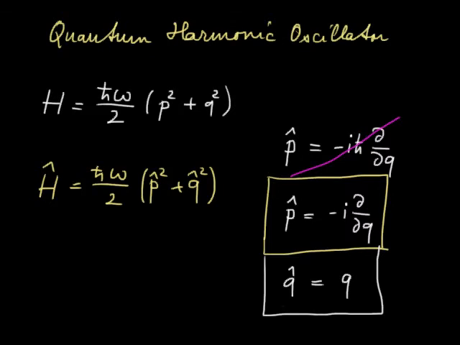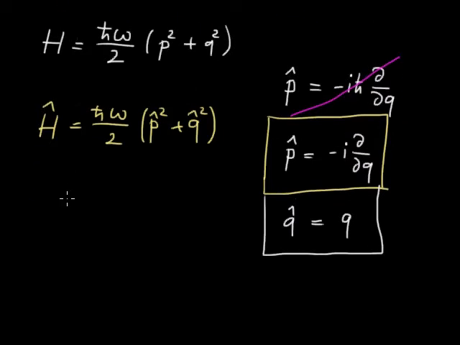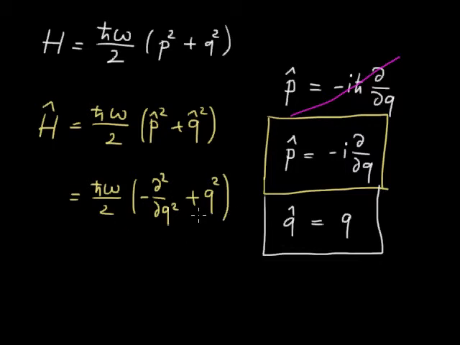So we can actually say that this is now h bar omega divided by 2, and here we have minus second derivative according to Q plus Q square. So this is a coordinate representation of Hamiltonian.